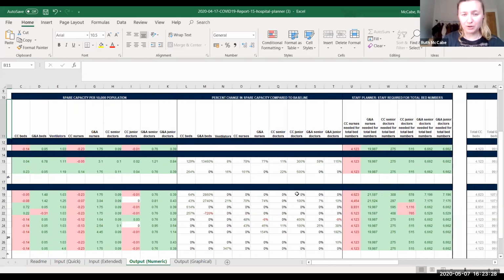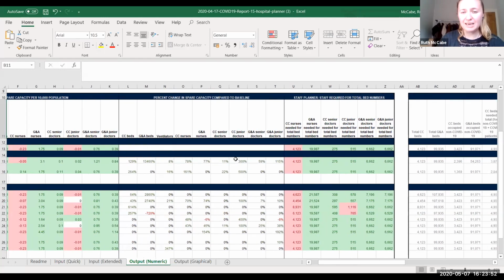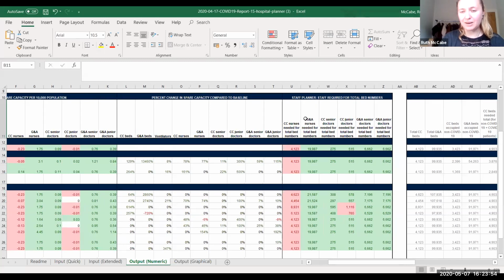If I then look further along, we've calculated the percentage change in spare capacity compared to the baseline. So this is pretty useful to see, particularly in interventions where you're still in a deficit, although you've increased that variable, that actually this has still managed to have some sort of effect. So finally, we have our staff planner.